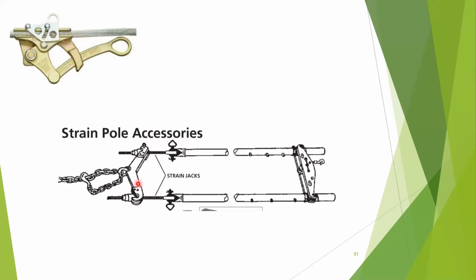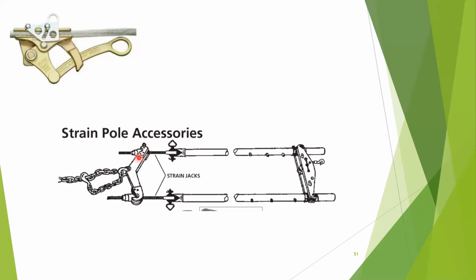With the sticks, you can put the come along clamp to the conductor, and this one connected to this, and this part over the end of the insulator, where the maintenance men are now.